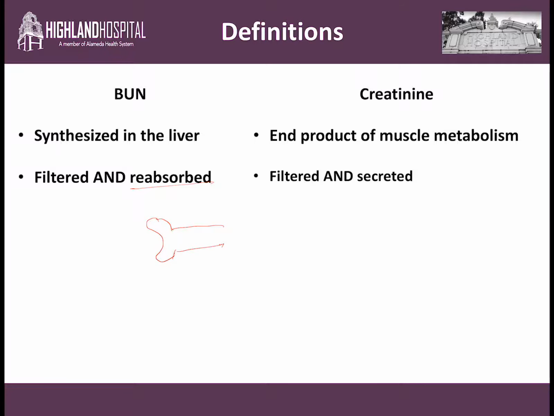If we took a little diagram of a nephron, just remember, when we think about a flow state, maybe a low flow state, BUN, there's an afferent and an efferent arteriole, is actively reabsorbed here at the proximal convoluted tubule.